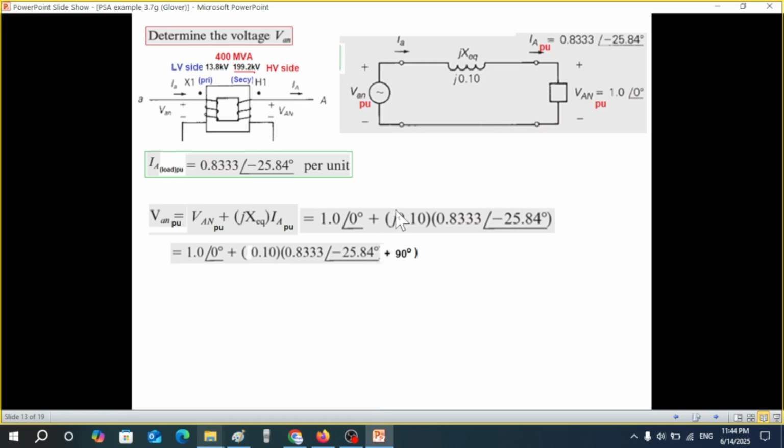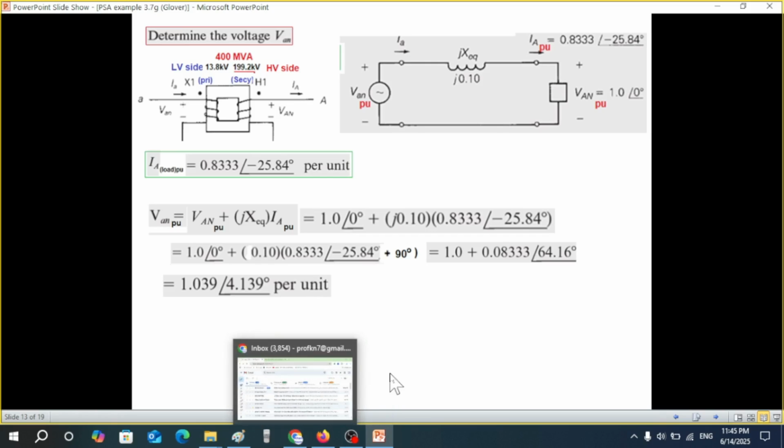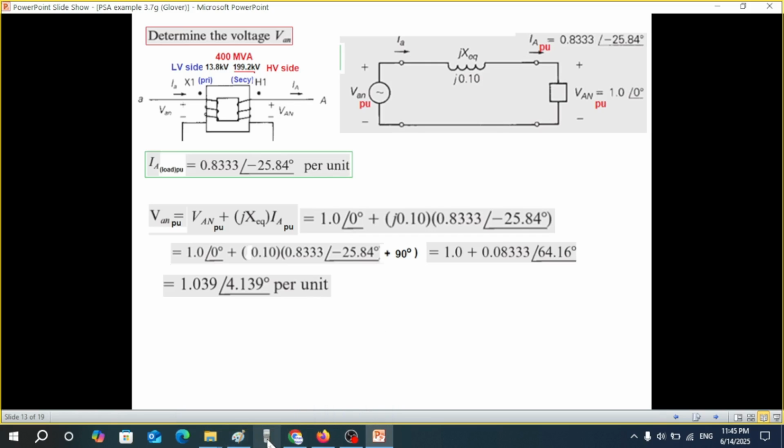Now we are removing this j by substituting plus 90. So j is removed, angle plus 90 is added. So this will be the equation, and when we solve, we'll get this answer. Now you can use your calculator in complex mode to very easily solve this. Let me just show.